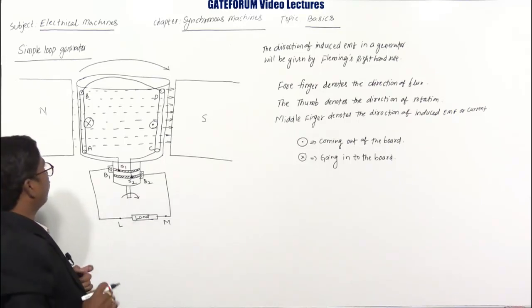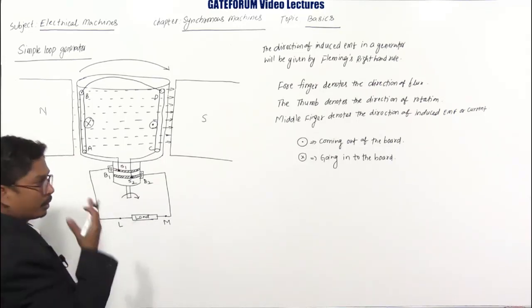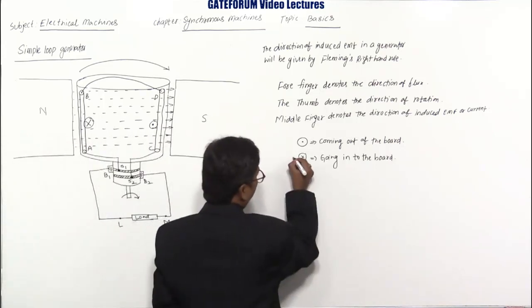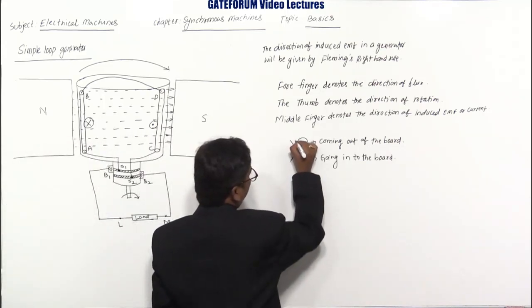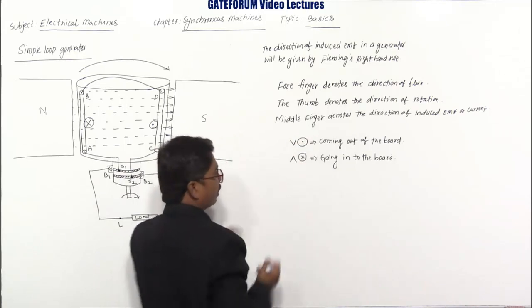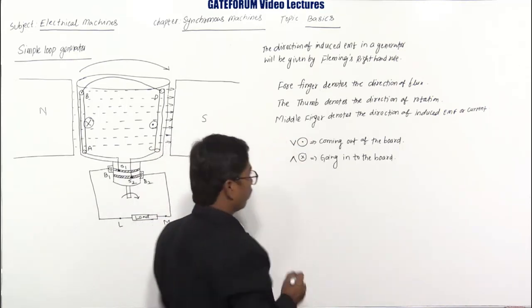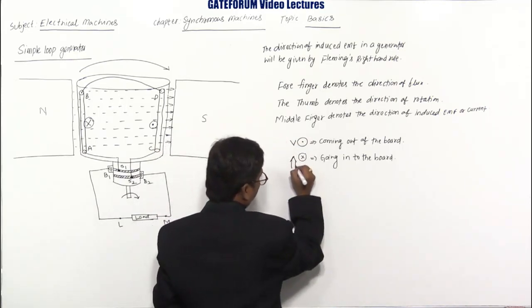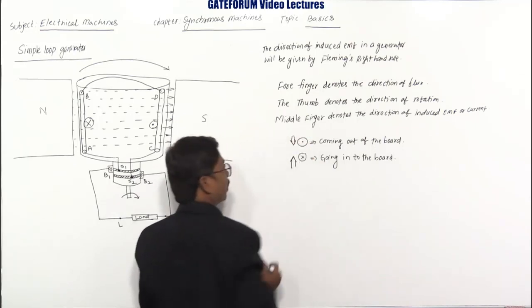So we can make one notation: cross means the upward direction, and dot means the downward direction. You can change this one; if it is upward, then it will be downward. So I am showing this as the upward direction and this as the downward direction.